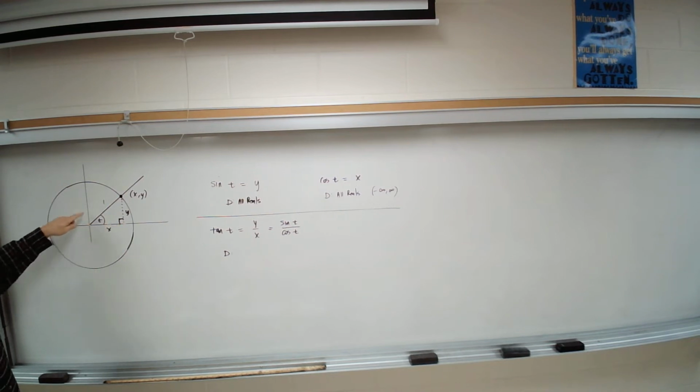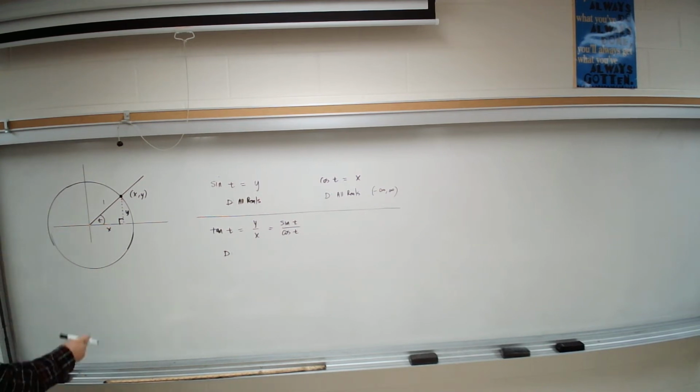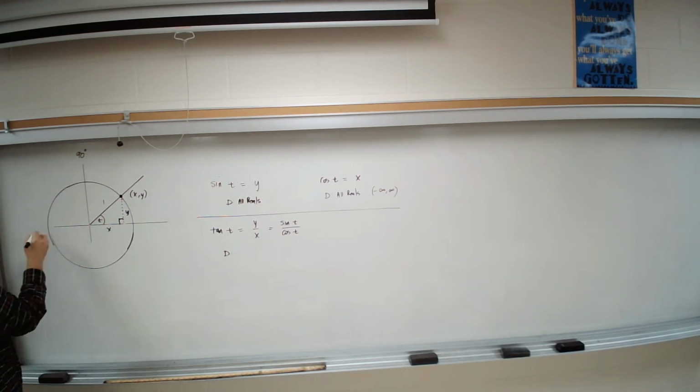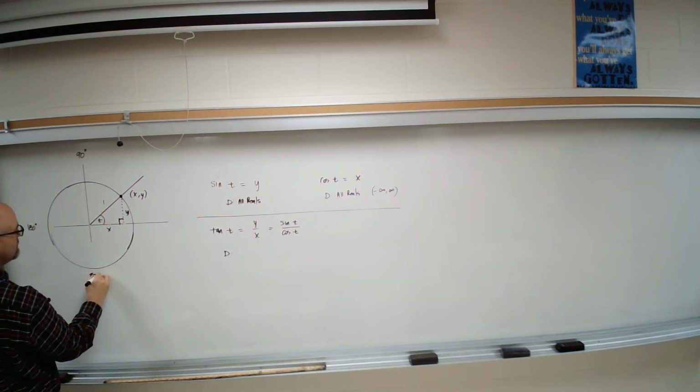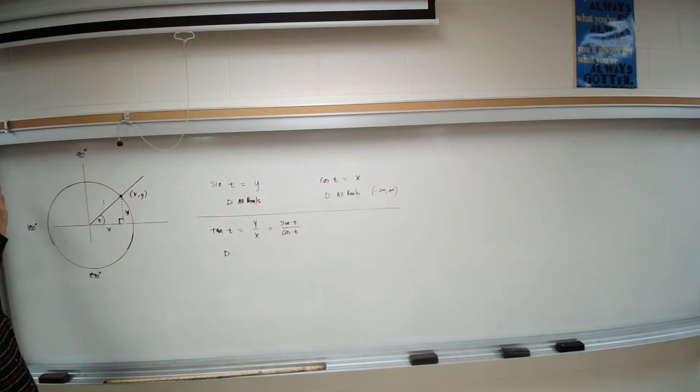So what would you call this angle? 90. What about this one? This would be 180, wouldn't it? This would be 270, right? This is 360. Now, can we keep going? We could go forever, right? We could go negative 90, negative 180, negative 270.